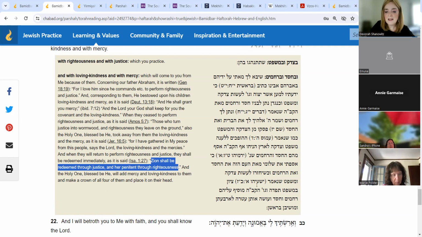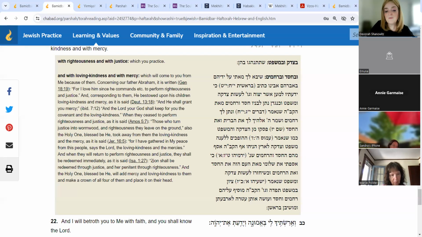It's only alluded to here that Zion will be redeemed through justice, and her returners through tzedakah. Now here, the translation of shaveha is penitence, but shaveha also means her hostages.